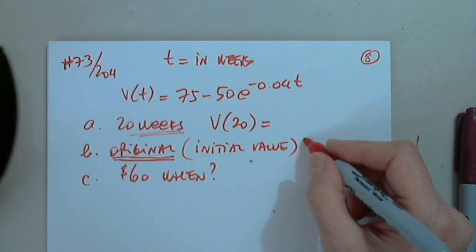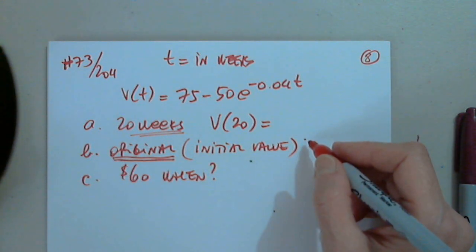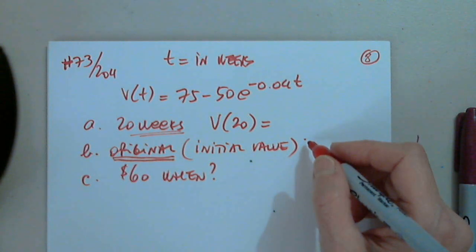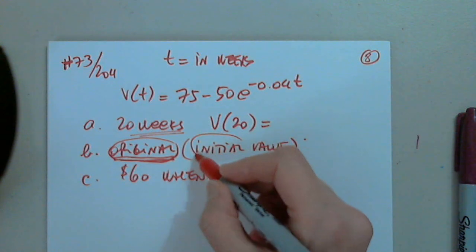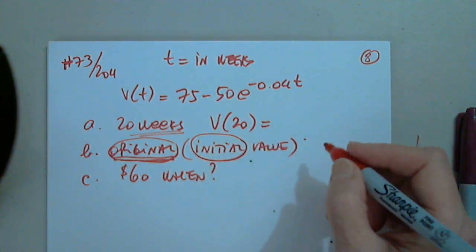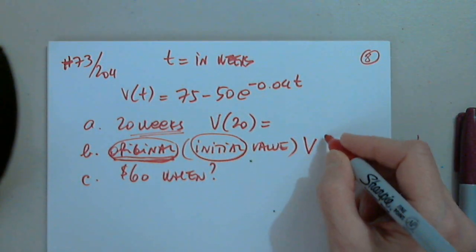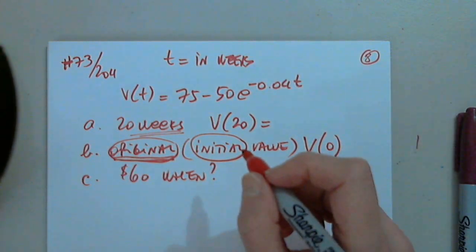What are we, just solving for t? No, originally. Just the money before investing. Correct, but when we talk about originally or initially, would it be t of 0? Yes, V of 0 when t is 0.